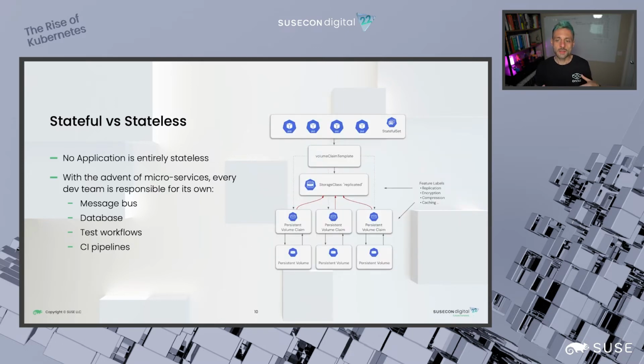One component is missing though from this picture, which is the storage class, and typically this is what is used by cloud providers or even on premises or by Rancher or SUSE Rancher. The storage class allows you to plug in a CSI, which I'm going to mention next, that adds a couple of extra features on top of bare PVC and persistent volume.